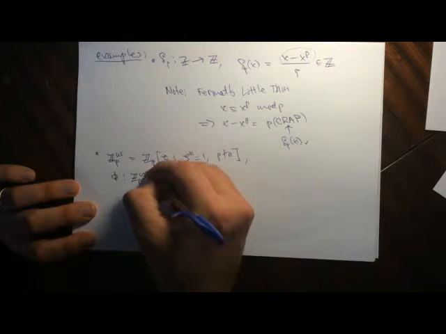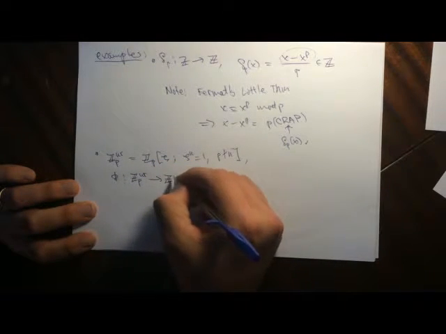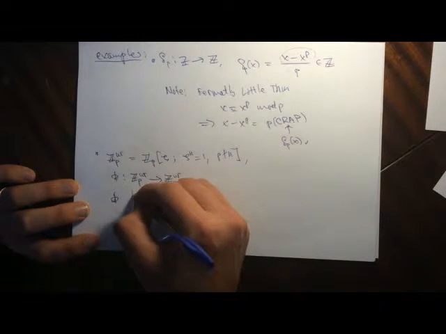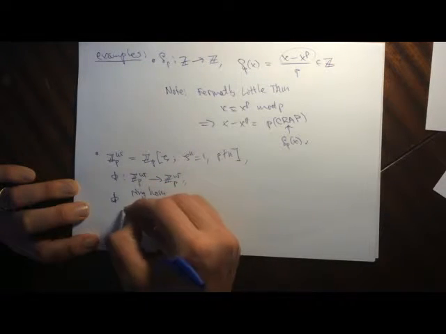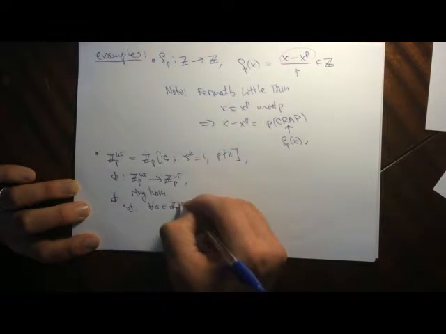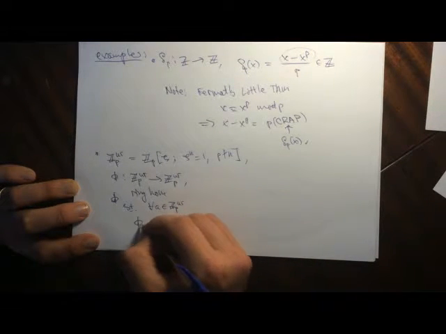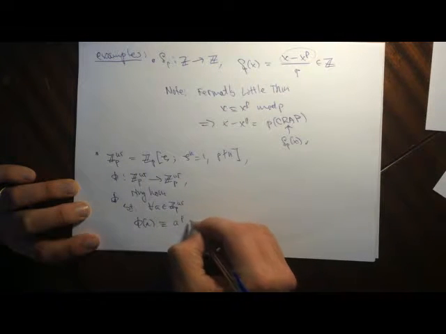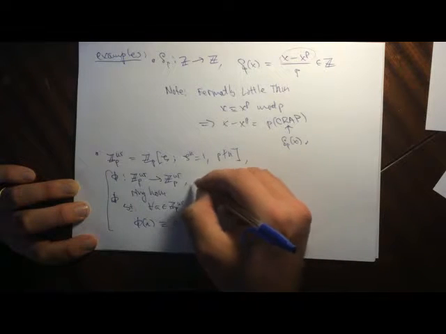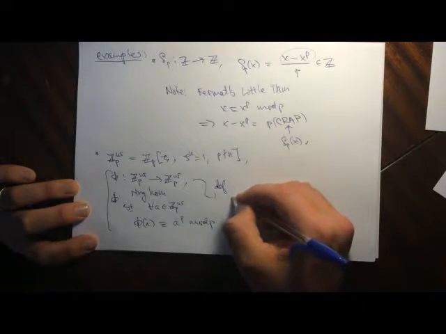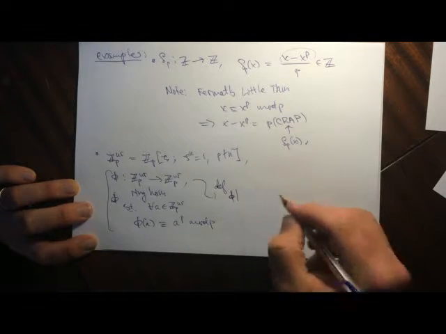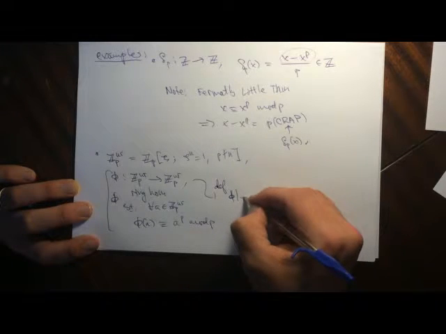this ring here has a certain lift of the Frobenius. A lift of the Frobenius is a ring homomorphism phi such that for all a in Z_p unramified, phi of a is congruent to a to the p mod p. Okay, so there's a ring homomorphism here, and it's determined by the following formulas.